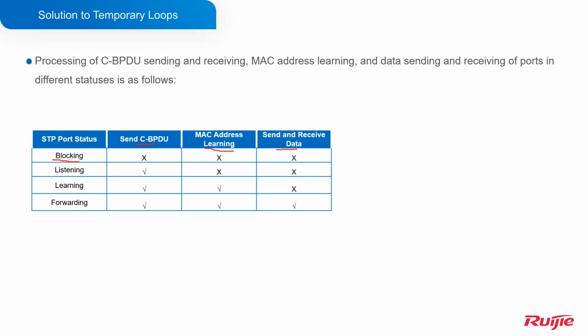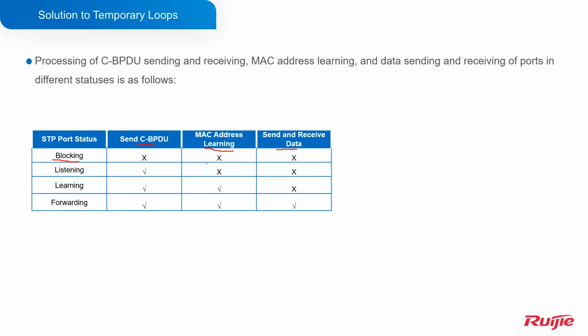Next is the listening state. The listening state can send BPDUs, but cannot learn MAC addresses, and cannot send or receive data. For the learning state, the port is allowed to send BPDUs and learn MAC addresses, but still cannot send and receive data. The last state is called forwarding.